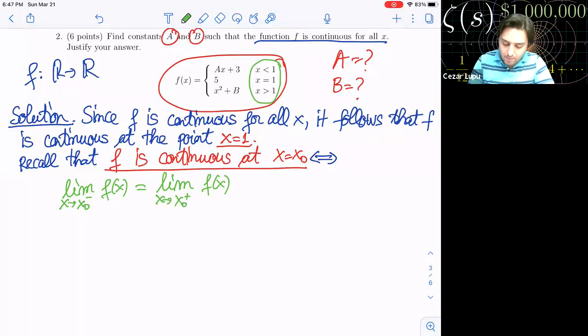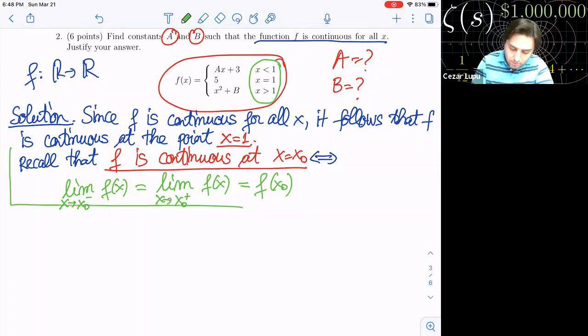And this is also equal to the value of f of x naught. All right, so that's our definition.